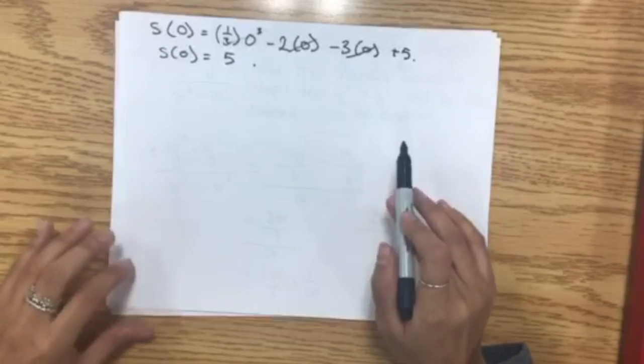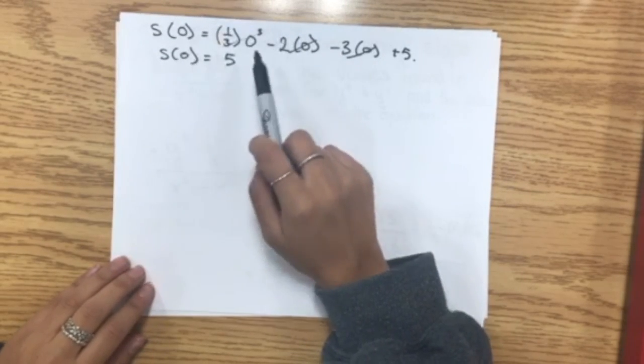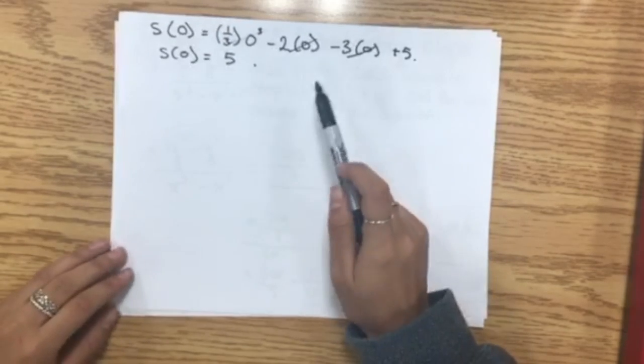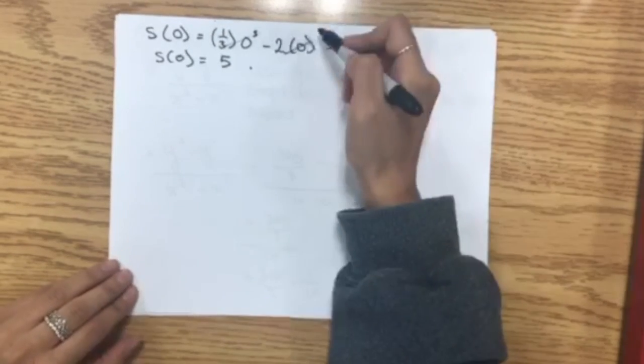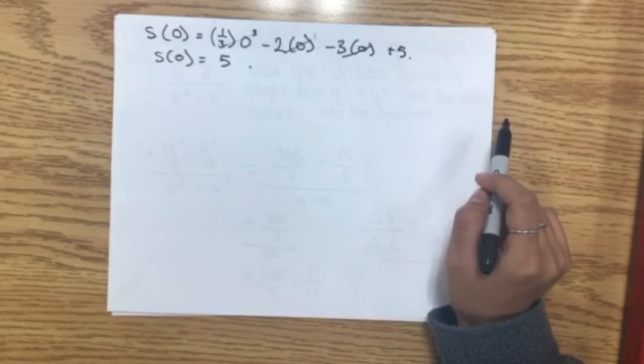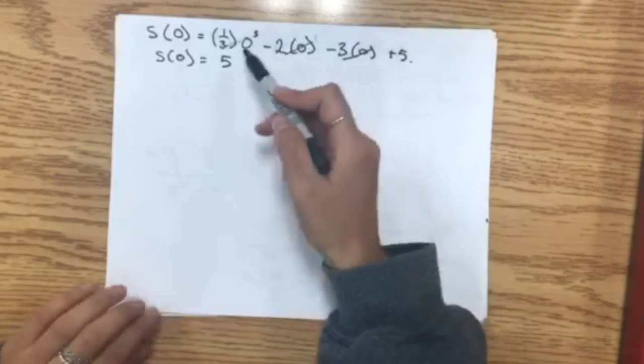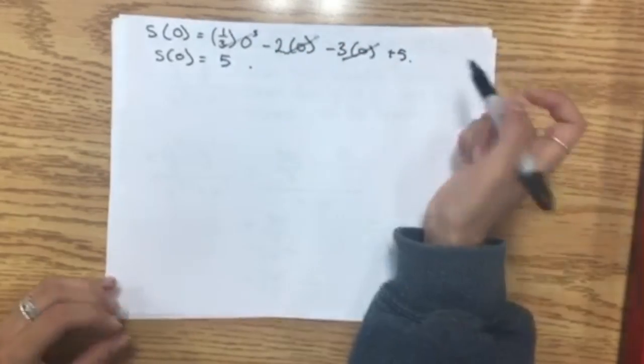For s at 0, we need to sub in 0 for the variable. So 1/3 times 0 cubed minus 2 times 0 squared minus 3 times 0 plus 5. We know that anything times 0 is 0, so we can cross those out, and we're left with 5.